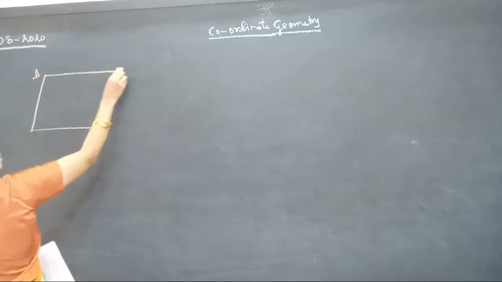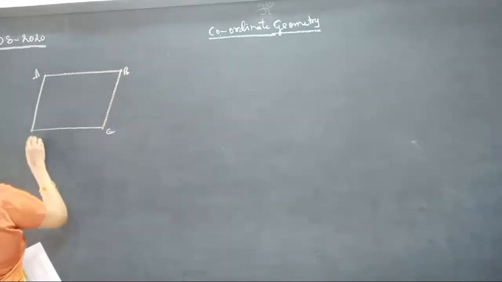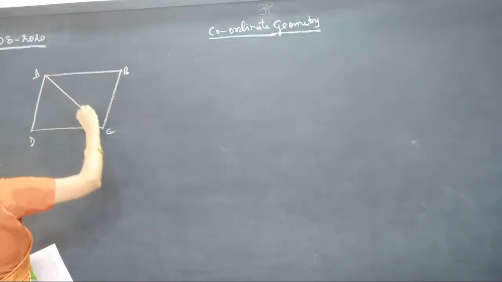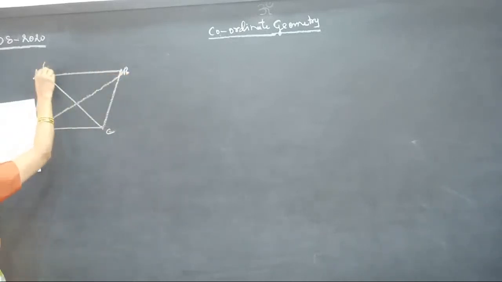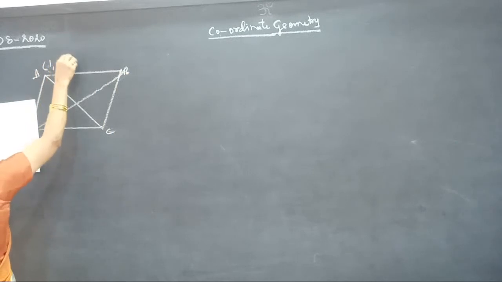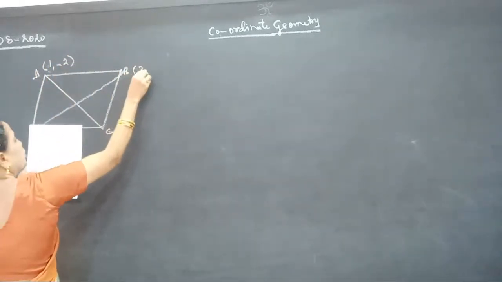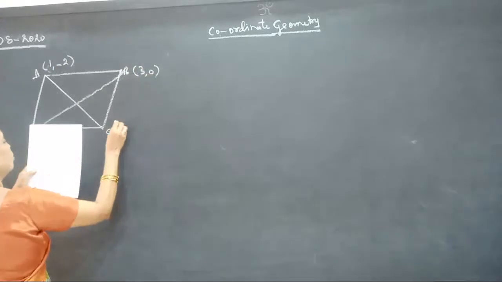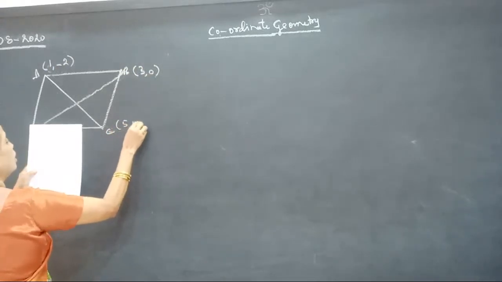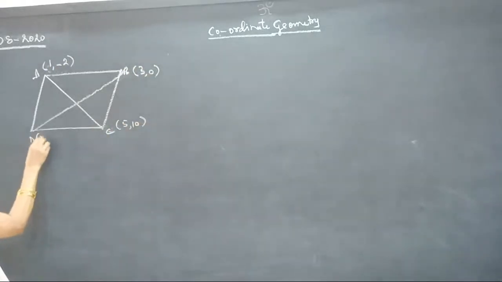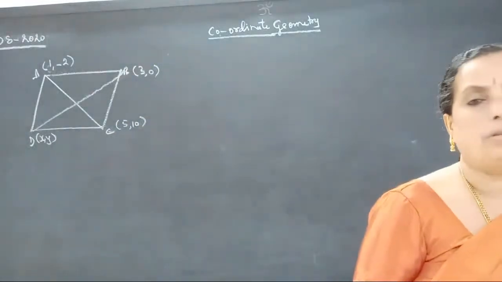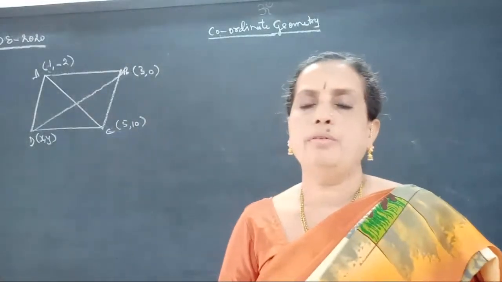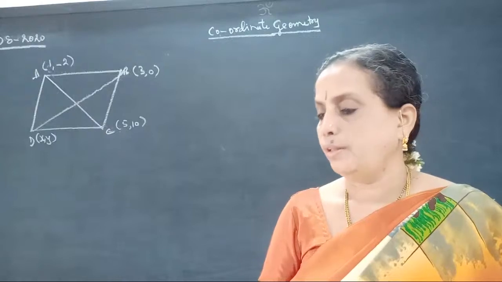Name it as ABCD. Join its diagonals like this and write the coordinates 1 comma minus 2, 3 comma 0, 5 comma 10. Consider the fourth as x comma y. X comma y is the coordinate of the fourth vertex that we have to calculate.